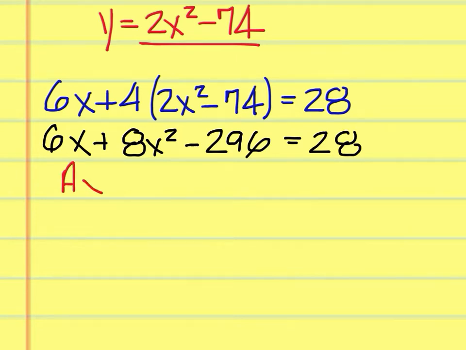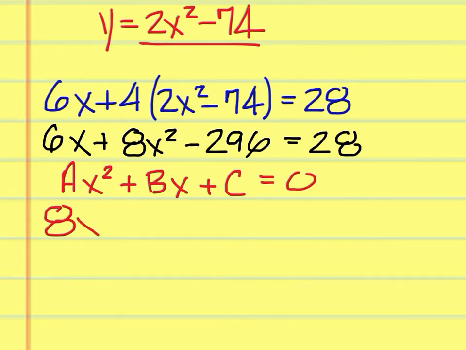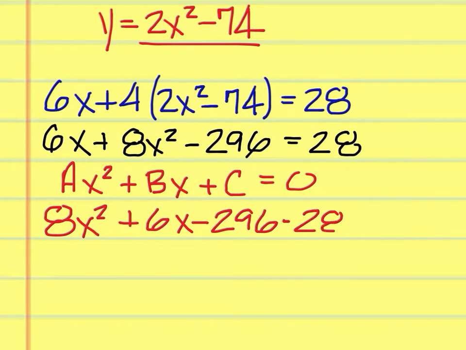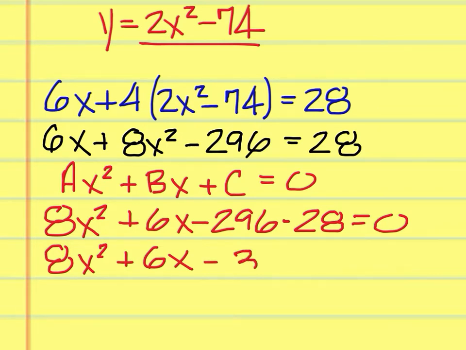Remember, you want this form, ax squared plus bx plus c equals 0. So we have the 8x squared, we have the 6x minus 296, but we can move this 28 to the left and make it minus. Now we have to simplify our constant terms there at the end. Negative 296 minus 28 is going to give me a value of minus 324.